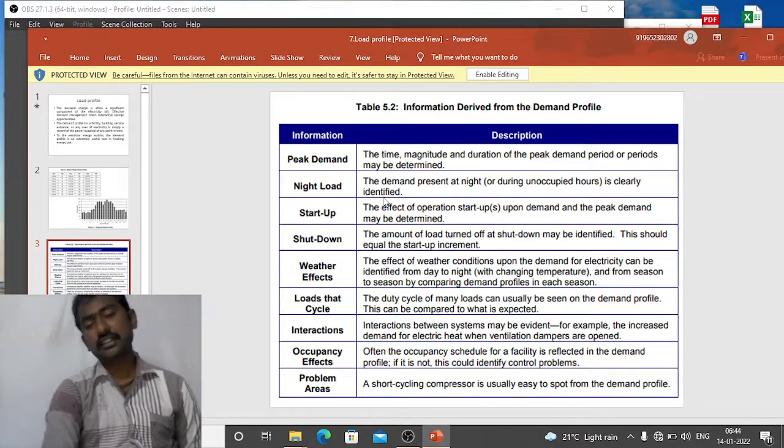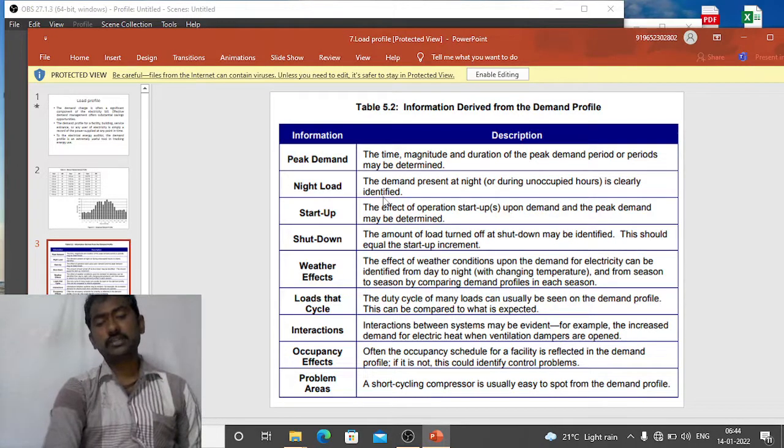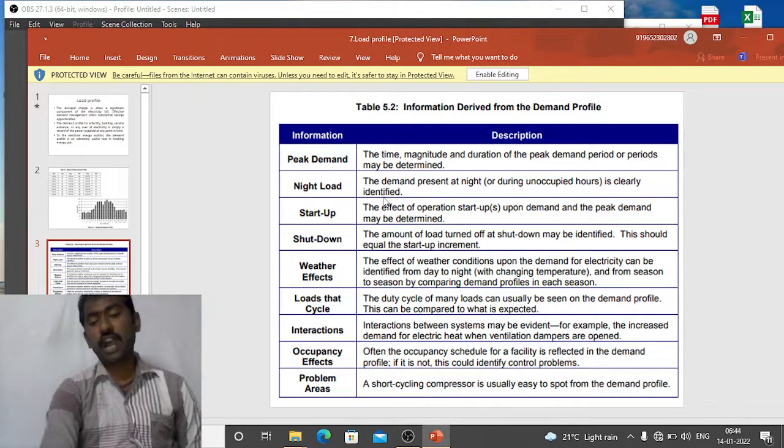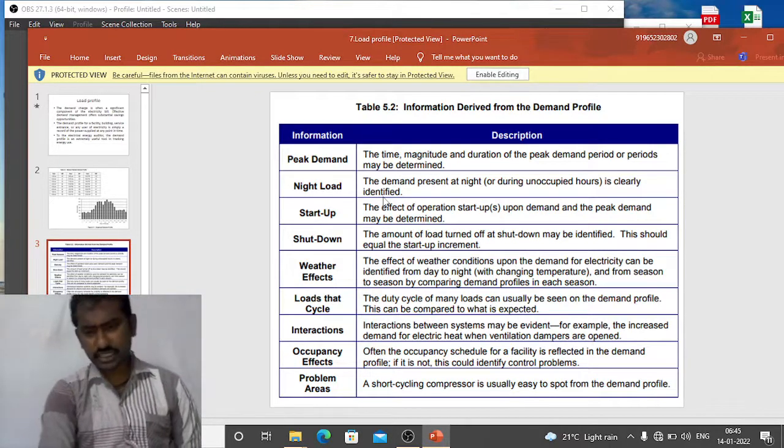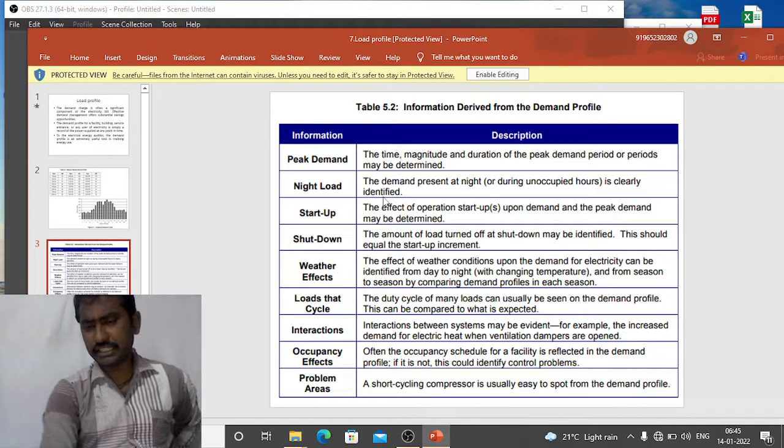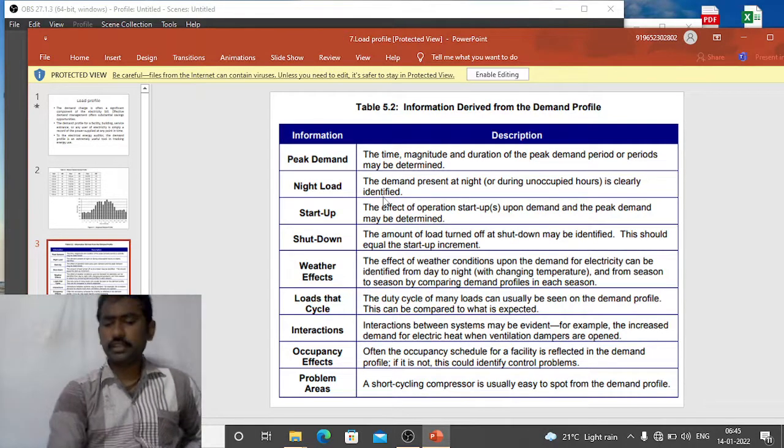And interactions between the systems may be evident, for example, the increased demand for electric heat when ventilation dampers are open. Similarly, occupancy effects: often the occupancy schedule for a facility is reflected in the demand profile. If it is not, this could identify control problems and problem areas. A short cycling compressor is usually easy to spot from the demand profile.